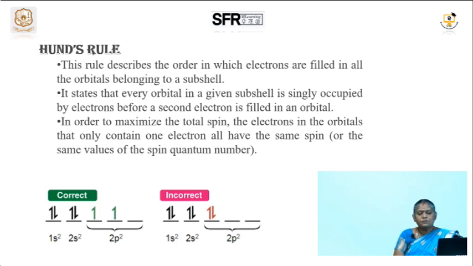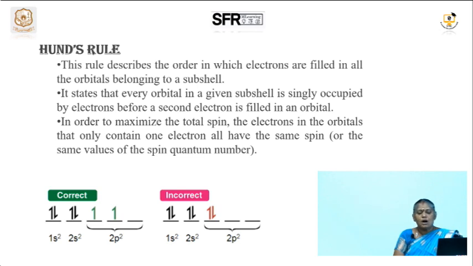According to the concept, let us see the filling up of electrons in the p orbital. Out of the 6 electrons, as per the Aufbau principle and Pauli's principle, we could fill the 1s orbital and 2s orbital with no confusion. But when we have to fill the remaining 2 electrons in the 2p orbital, we have to follow Hund's rule.